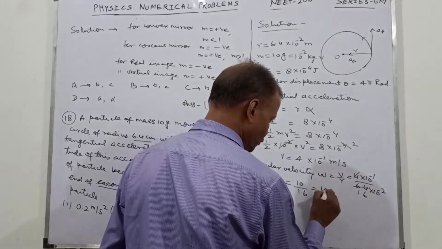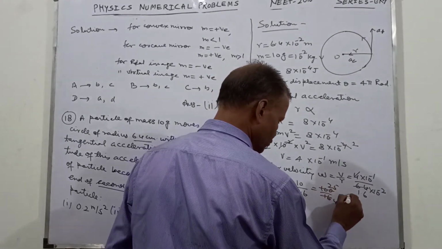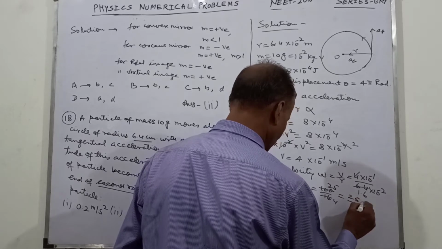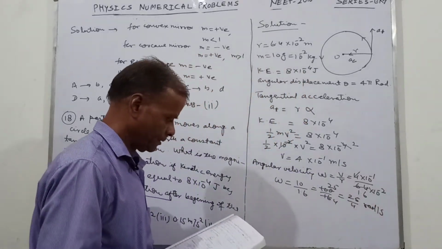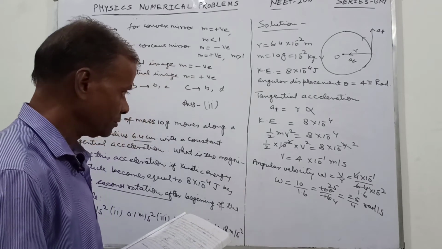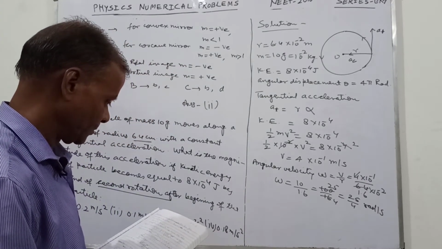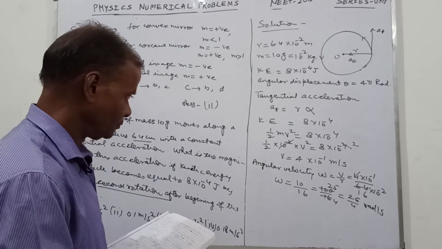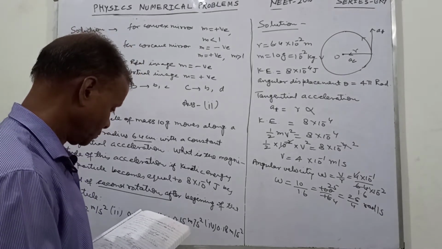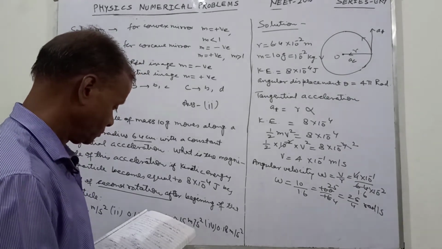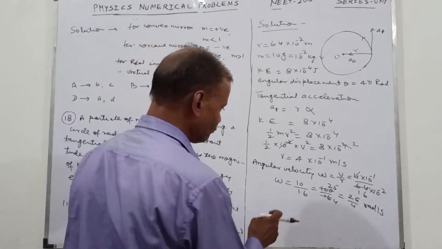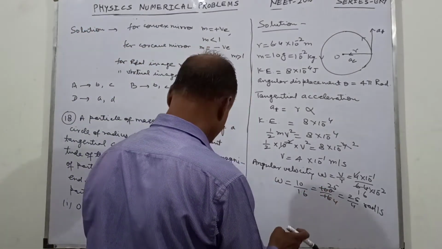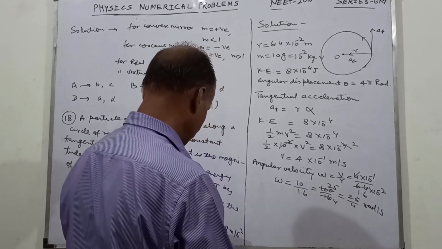So 4 to 4, 4 to 25. So this is now 25 upon 4 radian per second. This is the angular velocity.